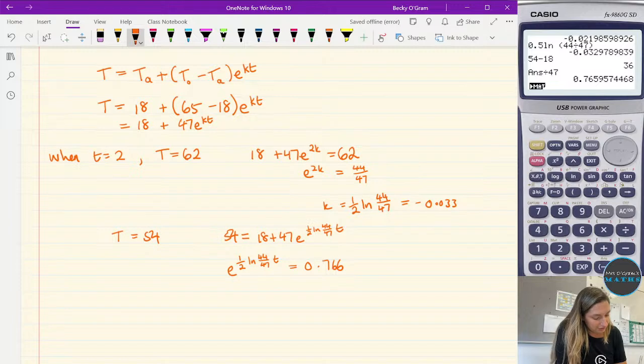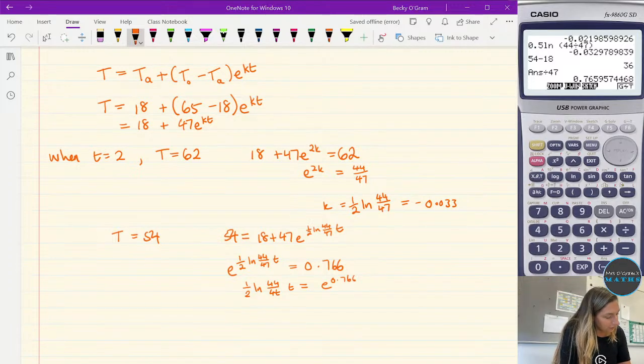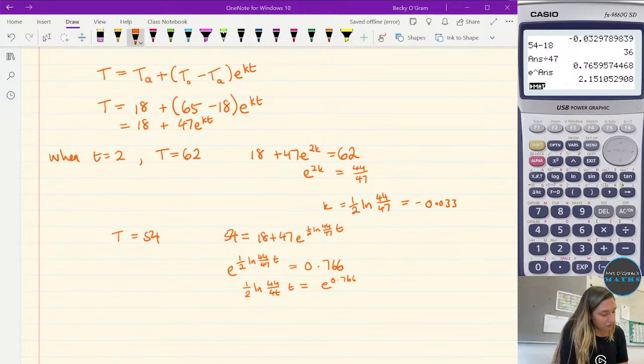Take log of both sides, so half natural log of 44 over 47 times t will be equal to e to the 0.766. So we do that raised to that, and we've got 2.15.